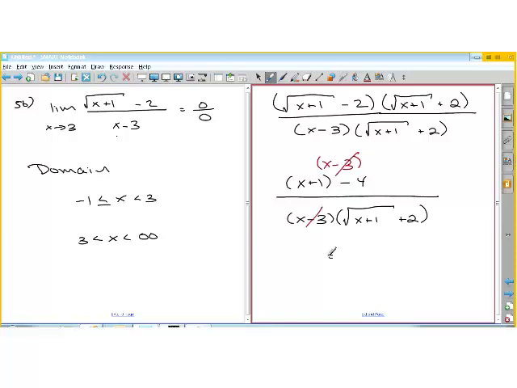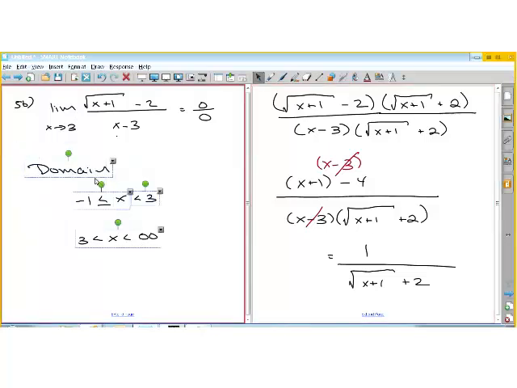So the function that we are going to ultimately do the limit on is 1 divided by the square root of x plus 1, plus 2. So we can go back over here. Let me just move this domain stuff out of the way.